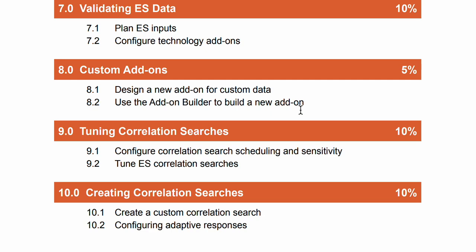There are n number of add-ons, but in case your data is not qualified for those standards, you can create your own add-on to make your data SIM compliant. To get the data into Splunk, the data should be SIM compliant. So this will come into the validation, the data SIM compliance.